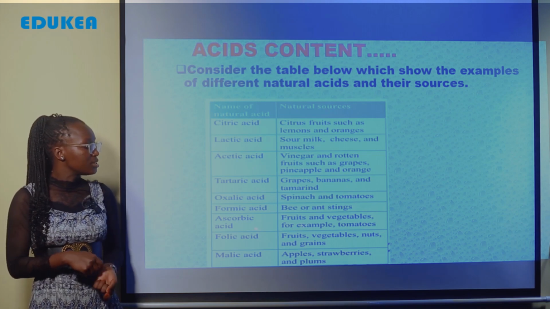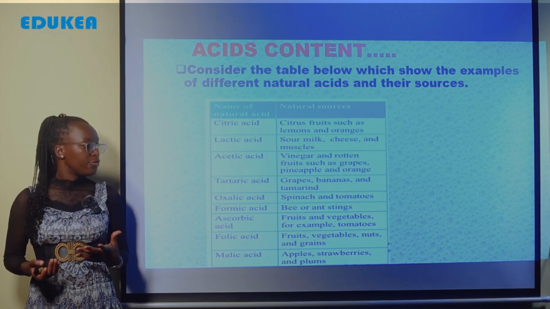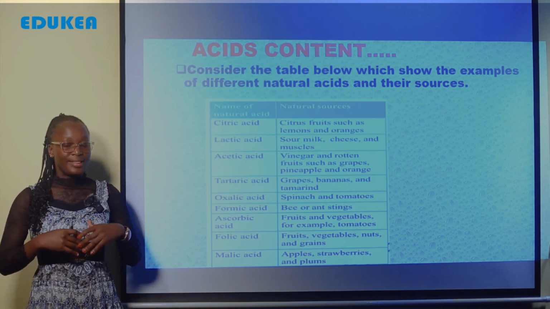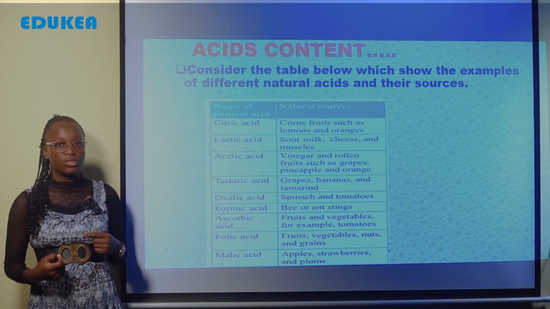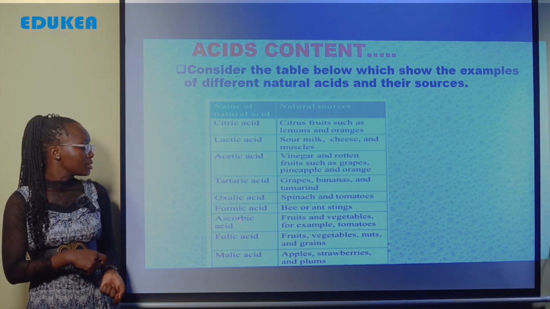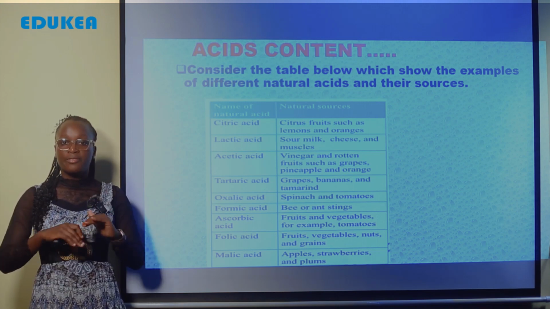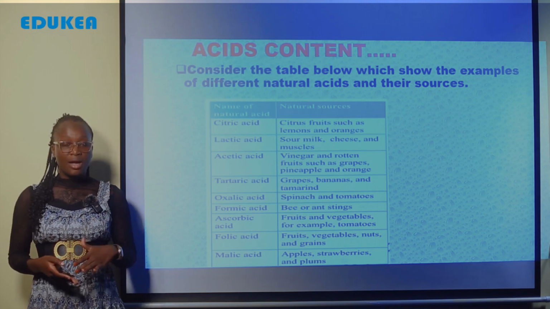Tumeona kwa mfano tuliona kwenye oxalic acid kwamba the source of this natural acid is from spinach and tomato. But the ascorbic acid, it is from the vegetables, na vegetable tunaangalia kuna spinach, vile vile tomatoes tunaweza tukapata hii natural acid ambayo ni ascorbic acid.